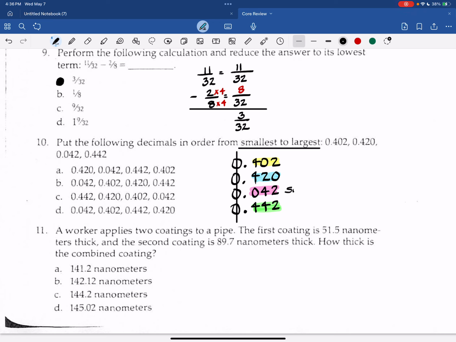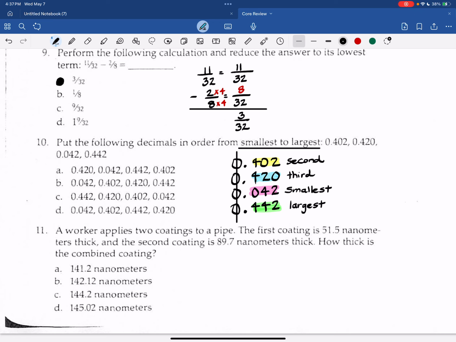Well, that's the 42. And then the next smallest would be, let me call this second, the 420. And the largest would be this one. So we need the sequence that puts them in this order.